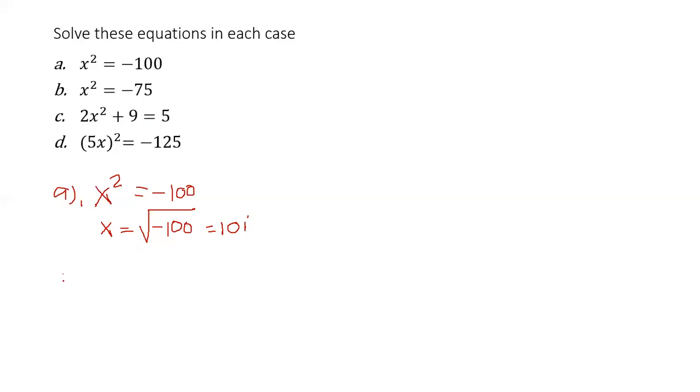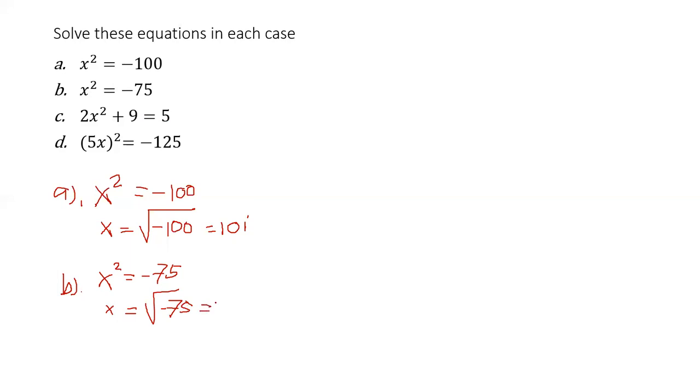Okay, b: x squared equals negative 75, or x equals square root of negative 75.